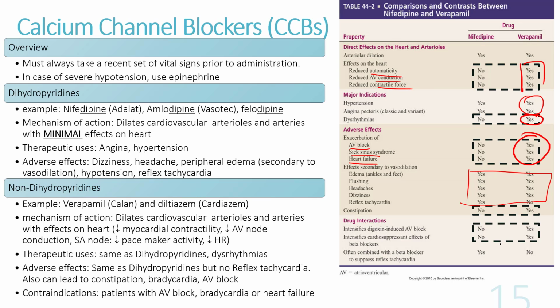All right. So again, with verapamil, you have those added effects on the heart that nifedipine does not. And so you have to actually decide whether you're treating a person with high blood pressure with or without cardiac complications.